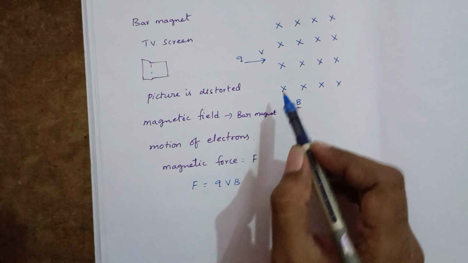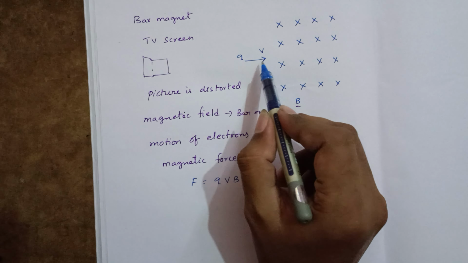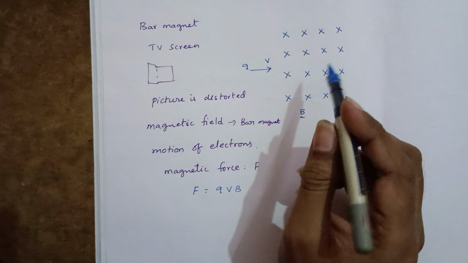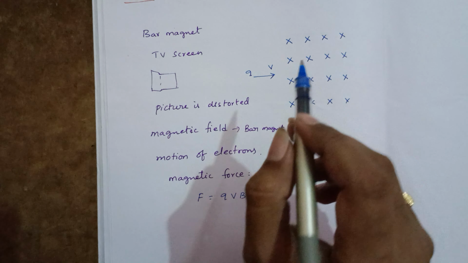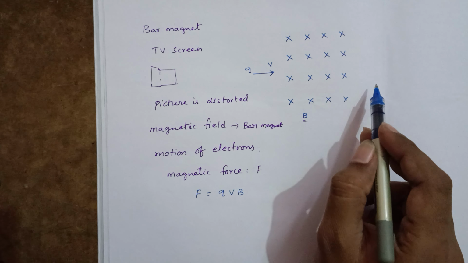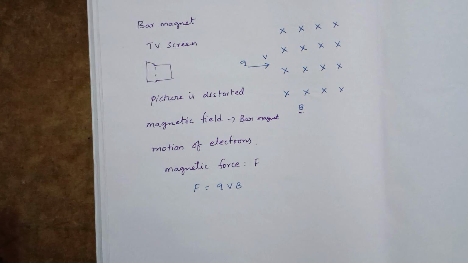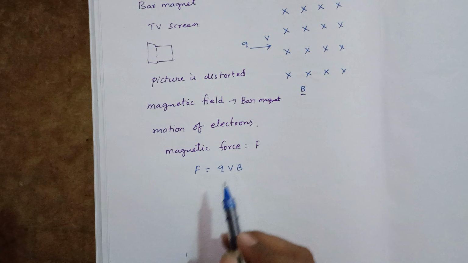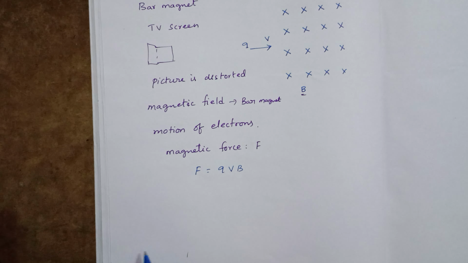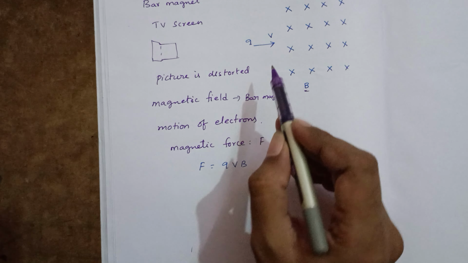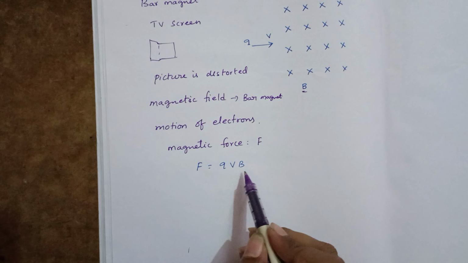Here the charge is moving perpendicular to the magnetic field. The magnetic field is going inside, and the charge is moving horizontally, like this arrow mark. Since it is perpendicular, F equals QVB.